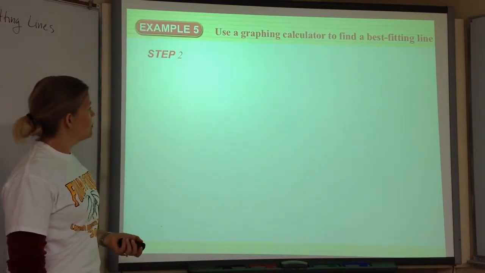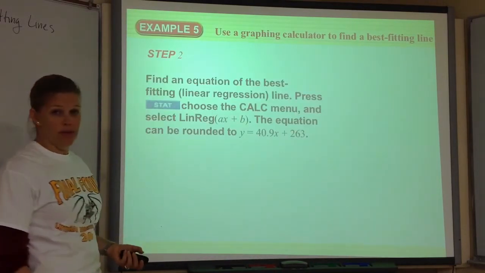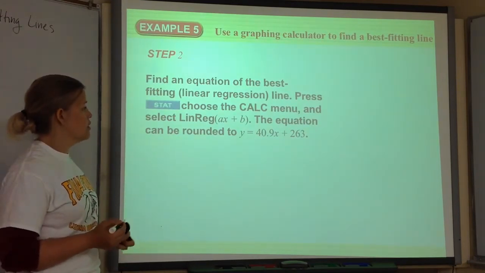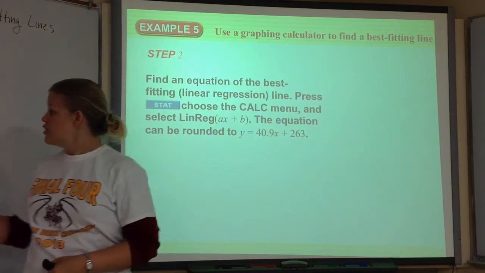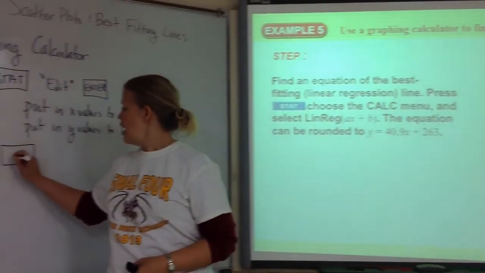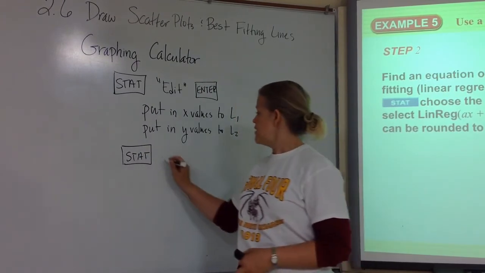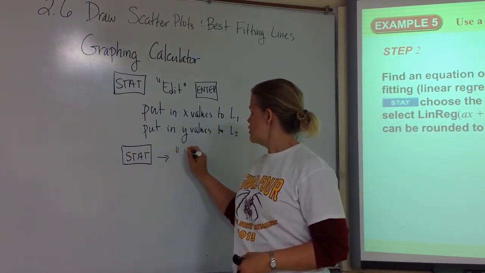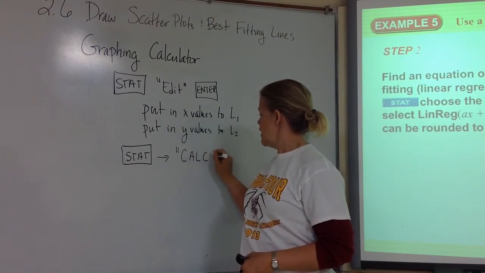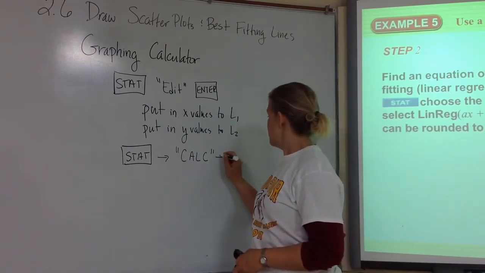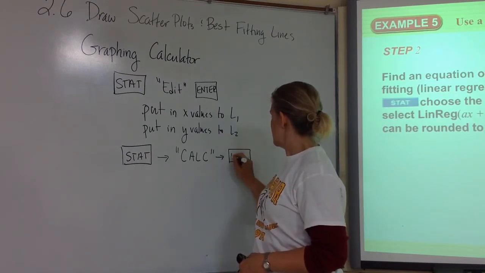Okay? So, then the next thing that you can do to find the equation of the best fitting line, or what's called the linear regression line, is you're going to go back and press the stat key again. Okay, this time you're going to arrow over till you see the option calc. Okay? And then you're going to press enter.